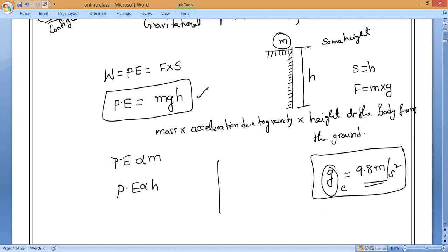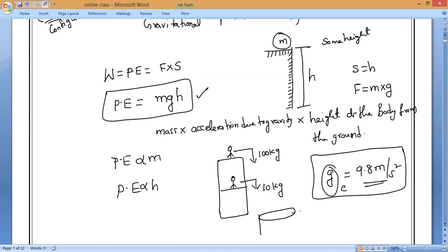Now I will take a two-storey building. Observe very carefully, I will try to prove both. Here one boy is standing and here another boy is standing. The first boy throws a 10 kg load and the other throws a 100 kg load. Which object will go deeper inside the earth once it hits?